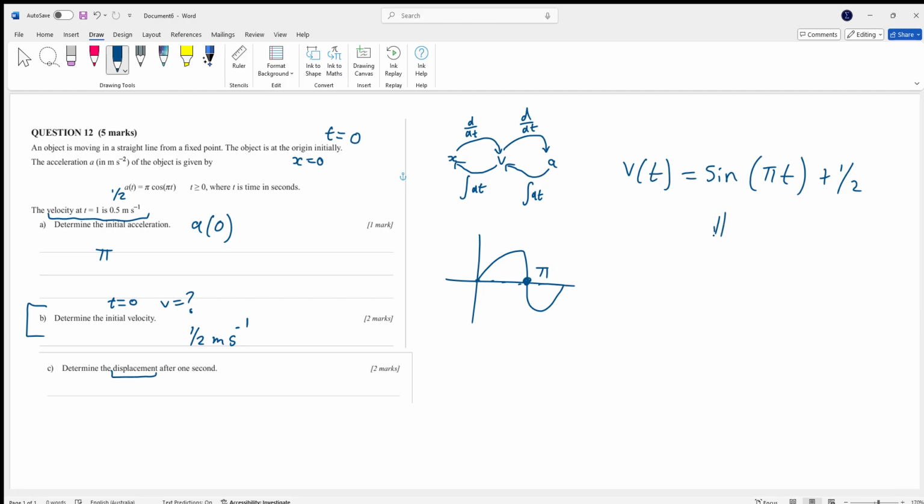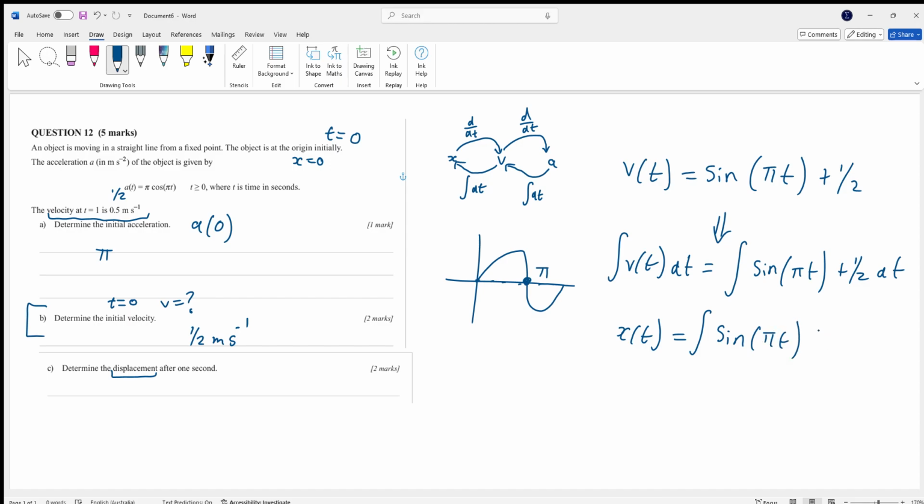If we integrate that with respect to time on both sides, what you'll get is position on the left hand side. So you've got x of t, which is position or displacement. Now we've got to evaluate this integral here. First of all, integrate each term separately.